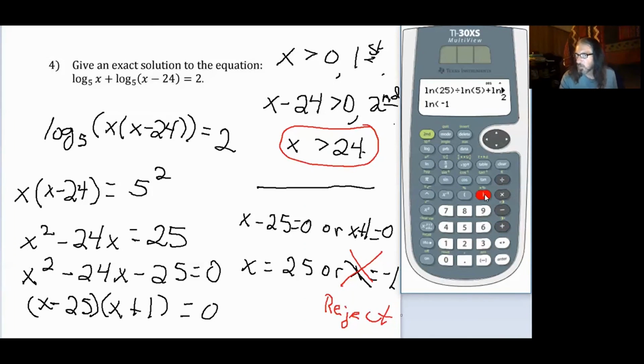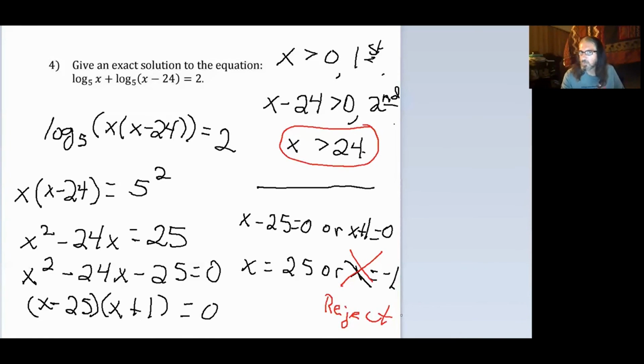Or even if you put it into one of them, you're taking the logarithm of a negative number, the calculator is going to balk at us. Negative 1 minus 24 is negative 25. Got to use the negative sign, not the minus sign. And it's giving us a domain error. So our only solution here is x equals 25.